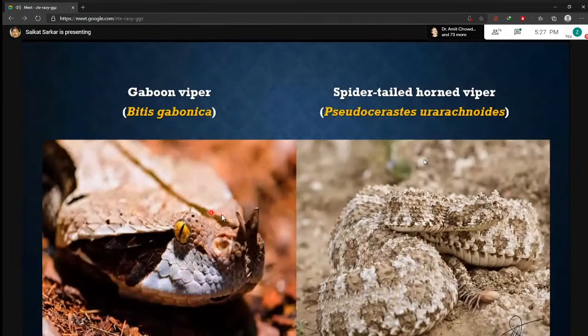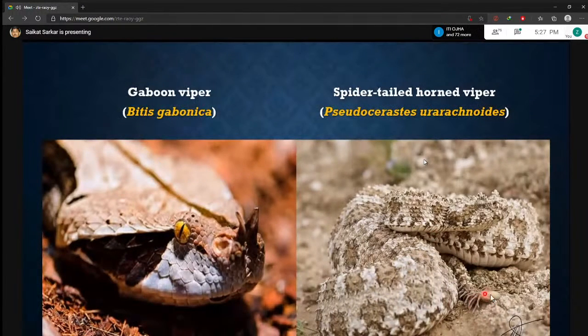Now, again, this is a gaboon viper. You can find the peculiarity in the scale structure. This is a fantastic specimen. This is a viper, of course, and these are found in the Iranian desert. And look at the tip of their tail.